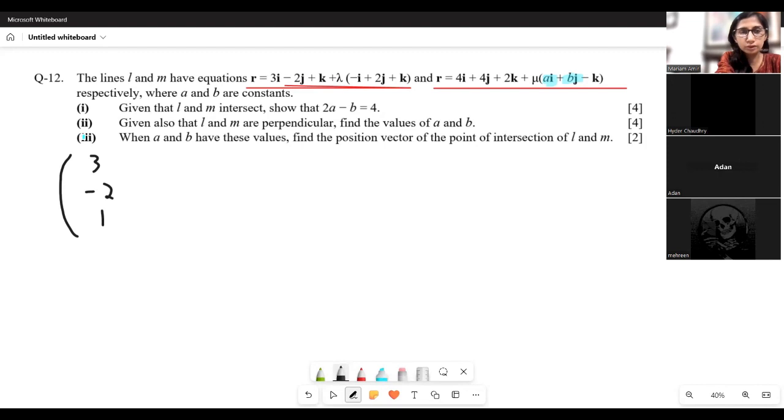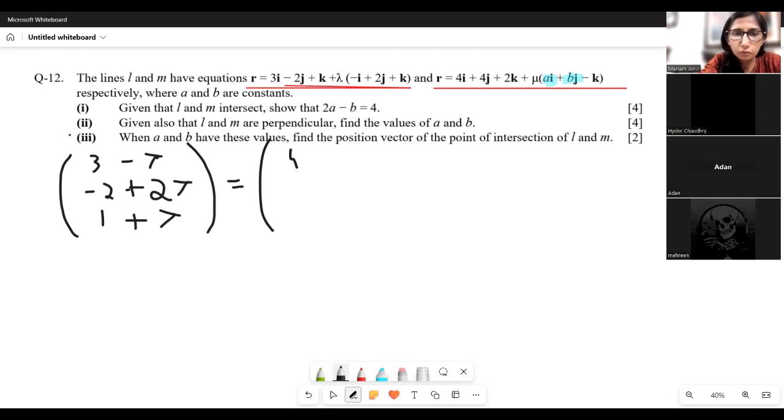So 3 minus lambda, minus 2 plus 2 lambda, and 1 plus lambda, equals 4, 4, 2, plus mu a, plus mu b, minus mu.